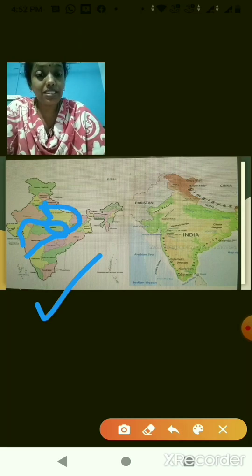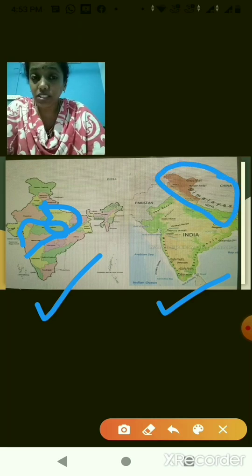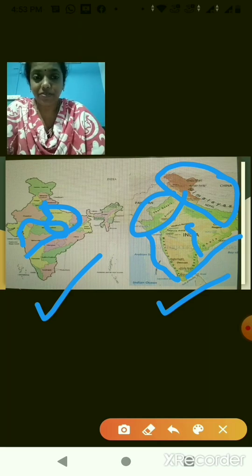Whereas this physical map gives us detailed information about the natural features such as the mountains, the desert, the western and eastern ghats, the rivers flowing, etc.